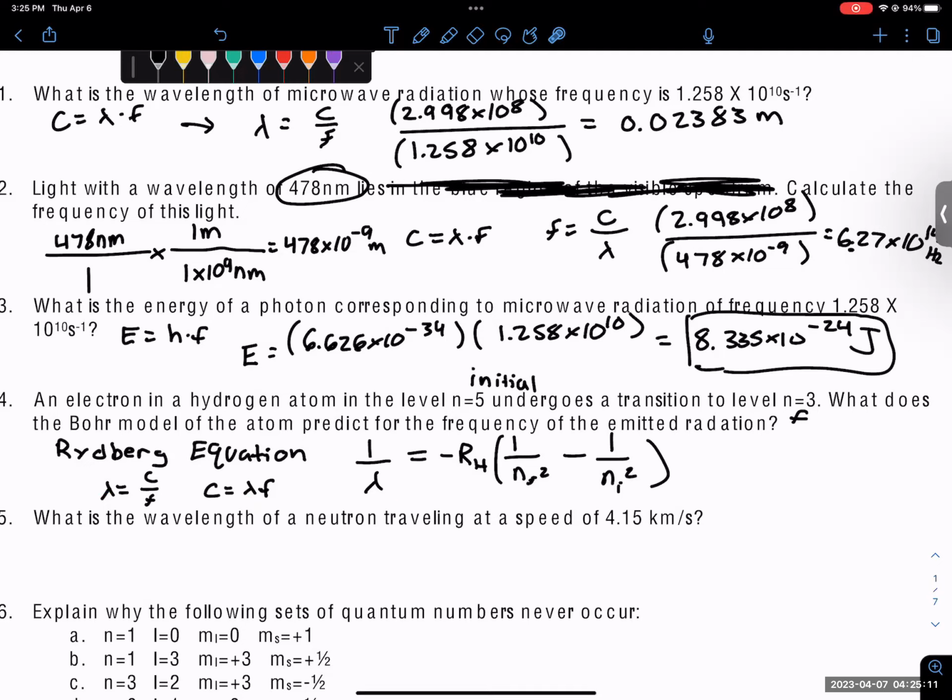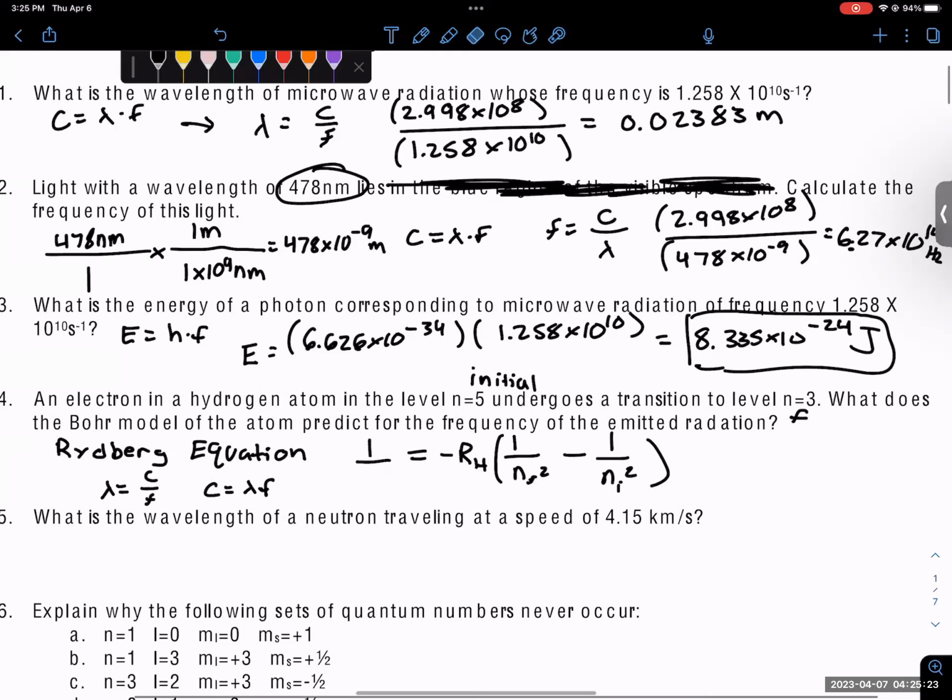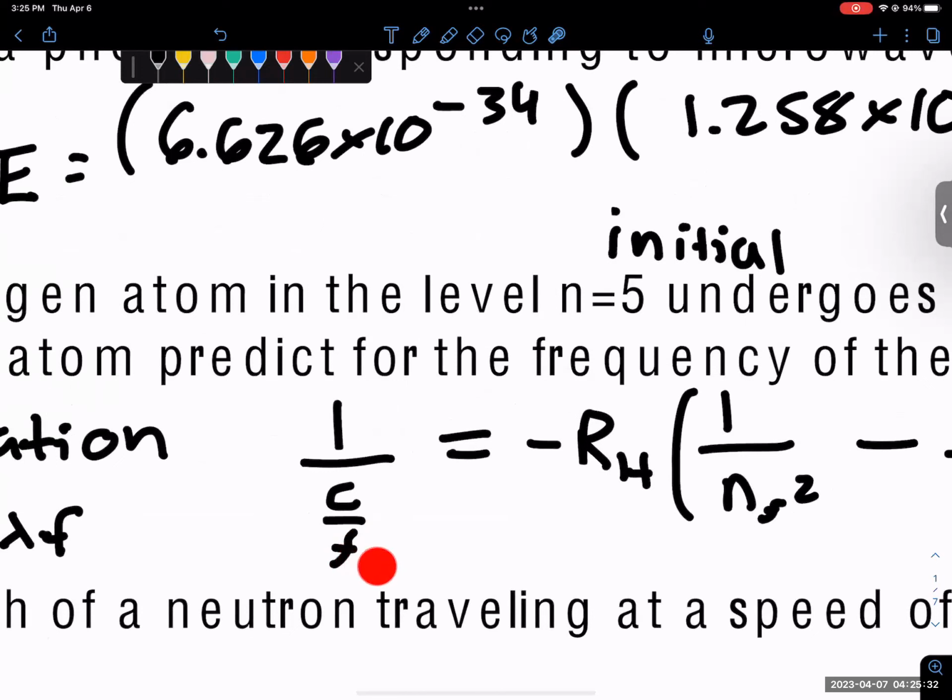So you would get something that looks like this. Because this holds true, lambda equals speed of light divided by frequency, we can plug c over f in for lambda here. And we know that when you have a fraction in the denominator, this denominator f is able to be moved to the top. So it would look something like this.